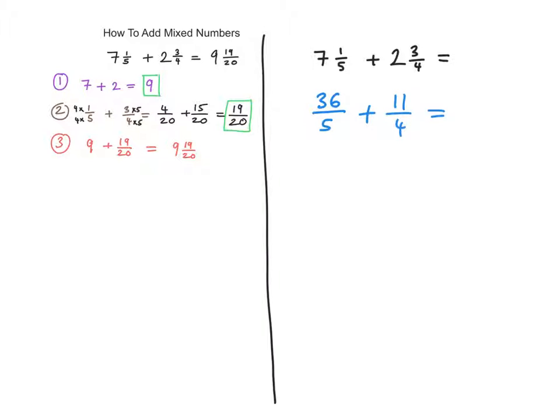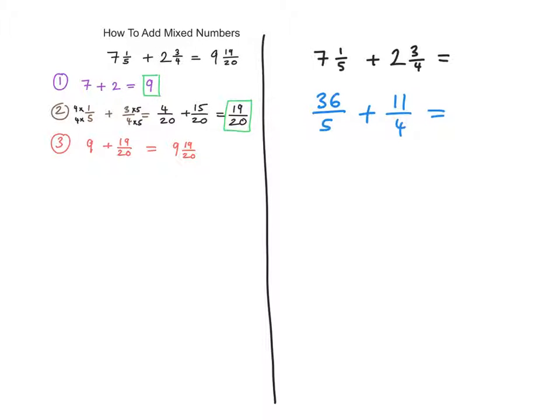Now, clearly the denominators are not the same here, so I need to make the denominators, the bases, the same before we can add these fractions. Now, how do I make the denominators the same? Well, what is the lowest common multiple of 5 and 4? It is 20, so I need to make each of the denominators into 20.